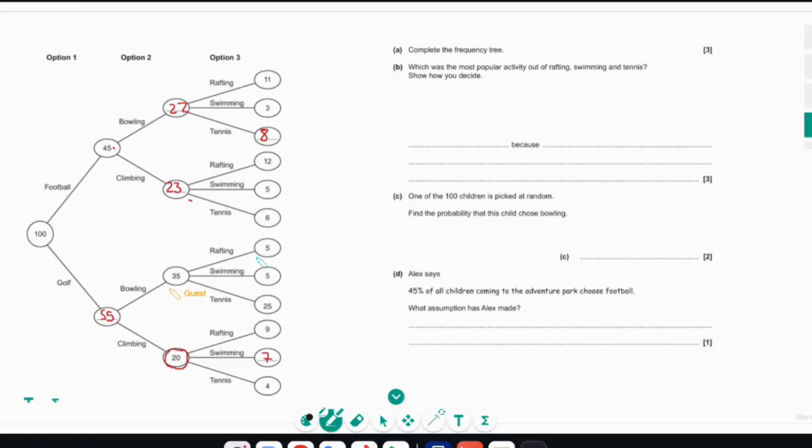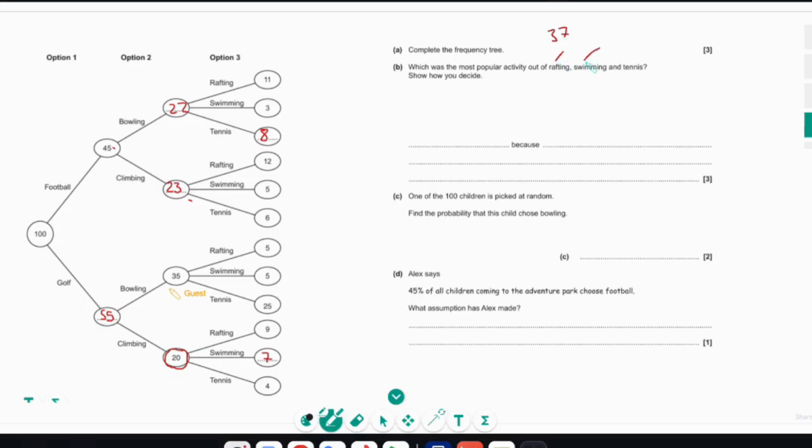Now, from our frequency tree here, we can start answering these questions. Which was the most popular activity out of rafting, swimming and tennis? Let's add up the total amount of students that chose rafting. 11 plus 12 plus 5 plus 9 is 37.